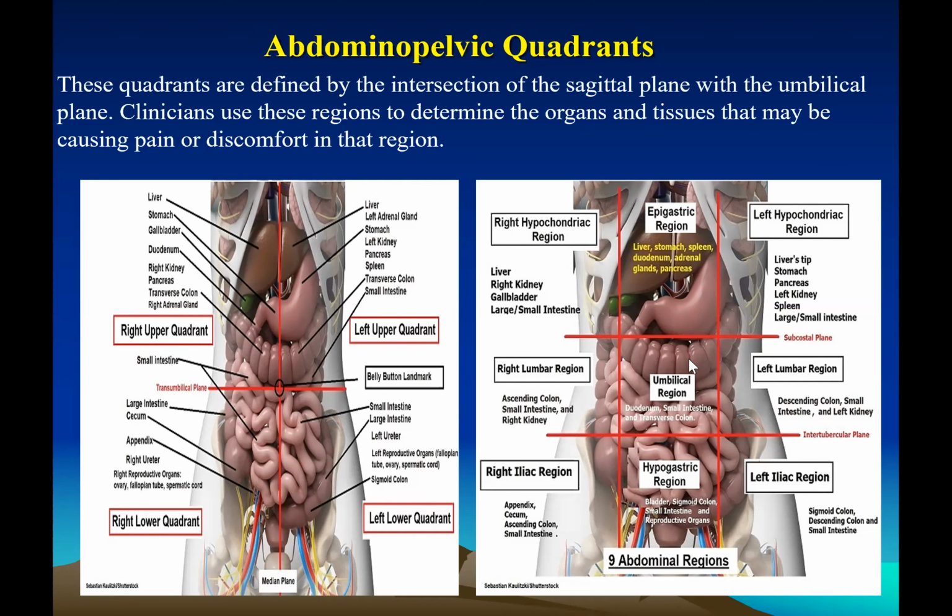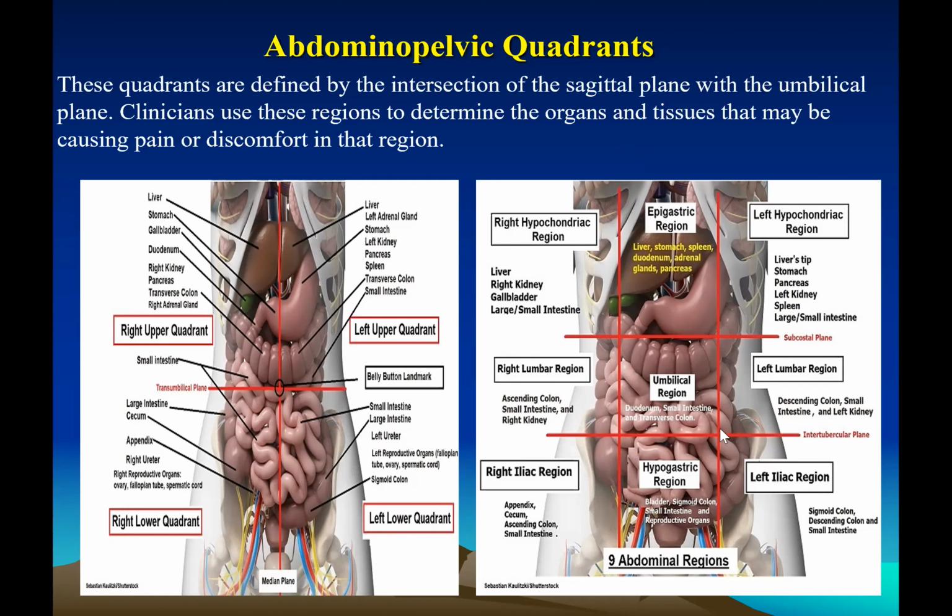Umbilical is the navel region where your belly button is. Above, epi means on top of. Hypo means under. The epigastric region is above your stomach, and the hypogastric region is below, the lower part. Then the right and left iliac regions, where your iliac bone will be. So we have right and left.